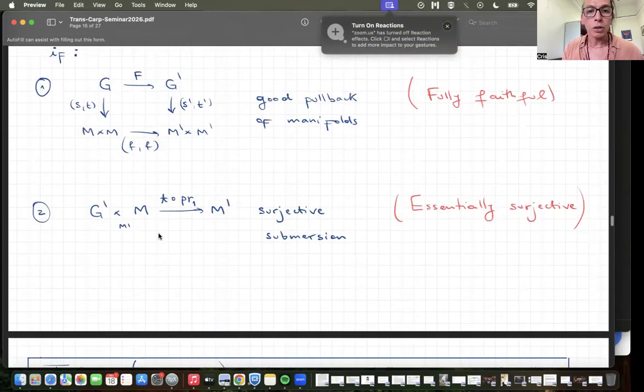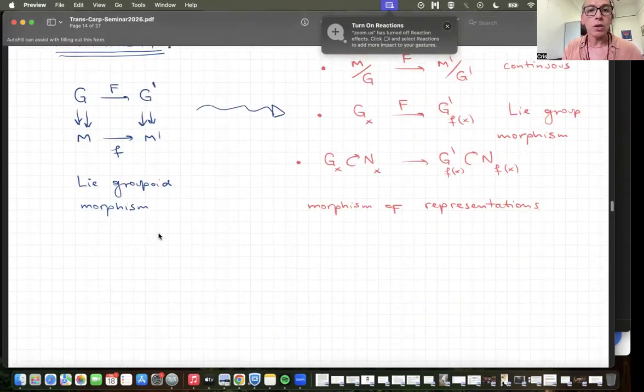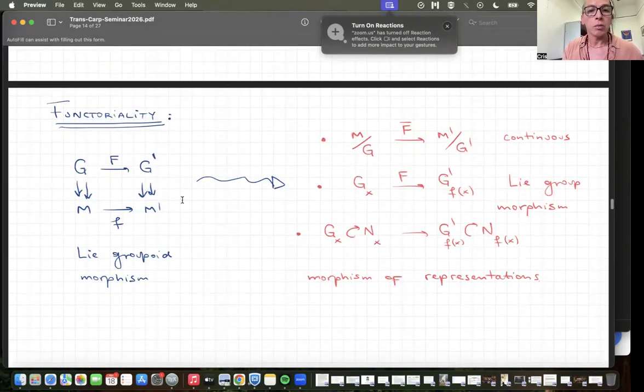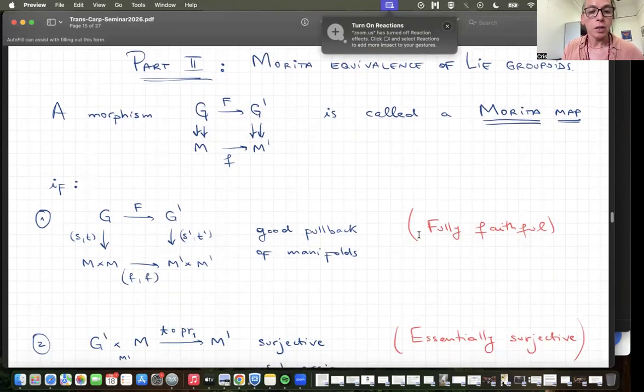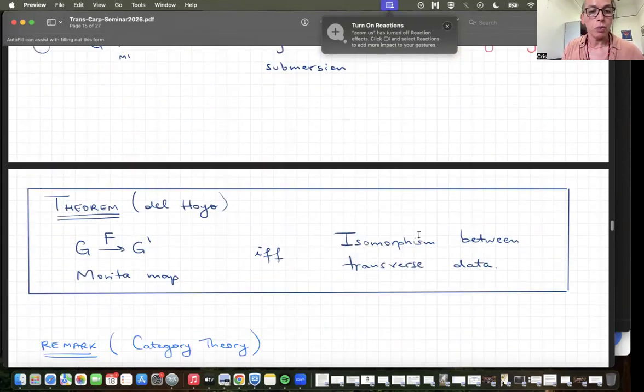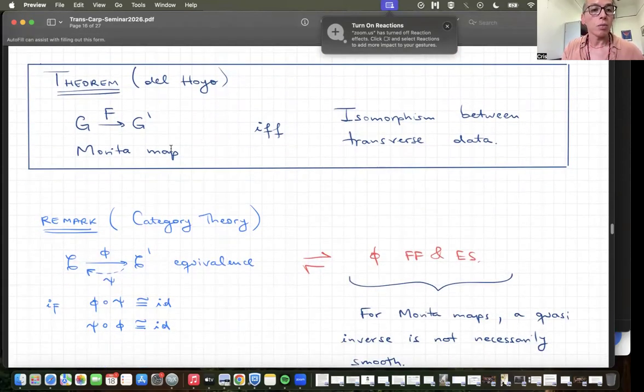So if we go back to this information here, this guy is a Morita map if and only if F bar is a homeomorphism, F induces a Lie group isomorphism between the isotropies, and an isomorphism between normal representations. So the guys that we were looking for are precisely these Morita maps.